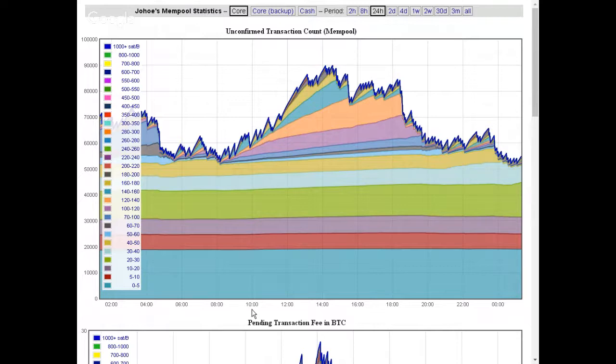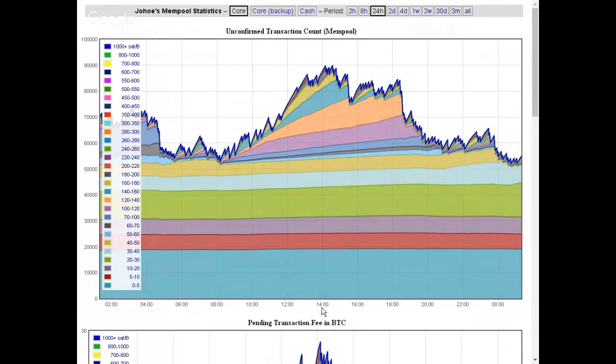But if you look at this, it literally goes to 2 p.m. This is 2 p.m. probably New York time. So 2 p.m. New York time is the peak time in which the transaction volumes are, and that peaks out at 90,000 transactions.